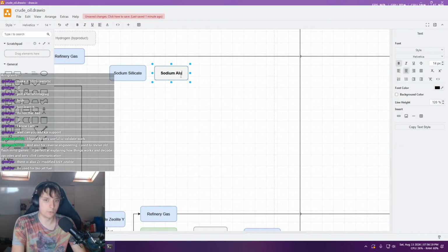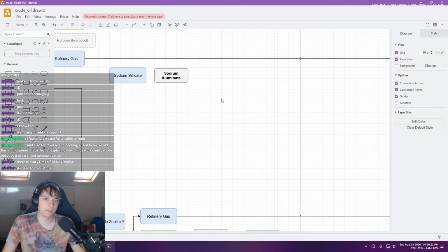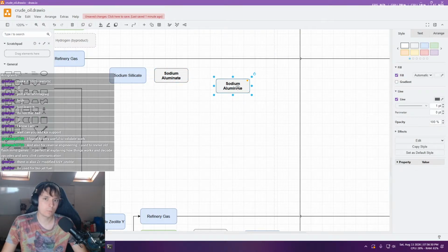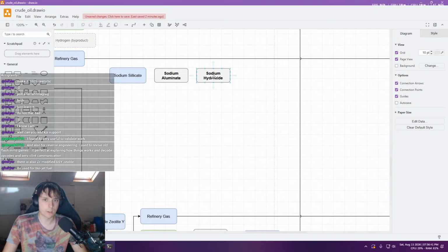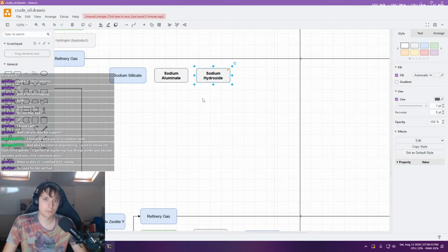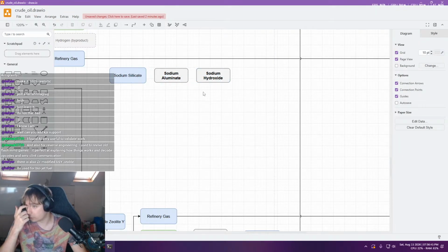Sodium aluminate, like that. And then we also have sodium hydroxide. Once again, we can take that from the aluminium process, because that is used to process bauxite into something.